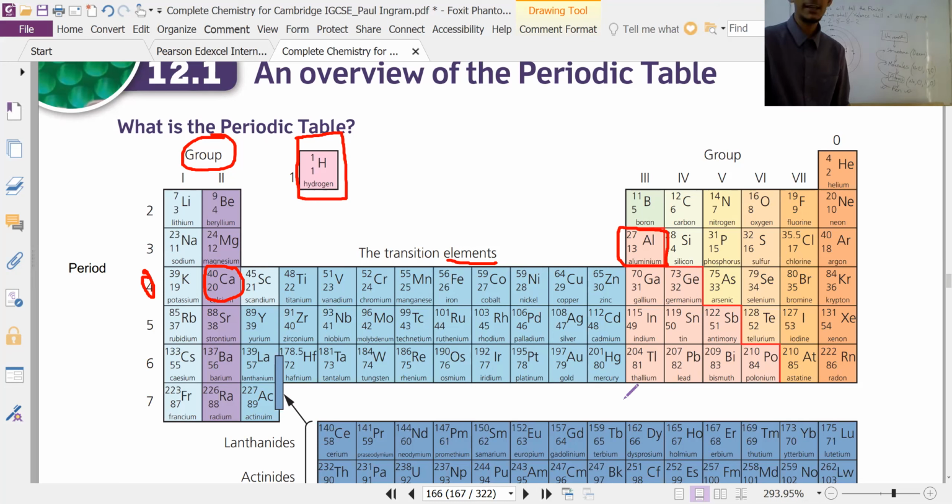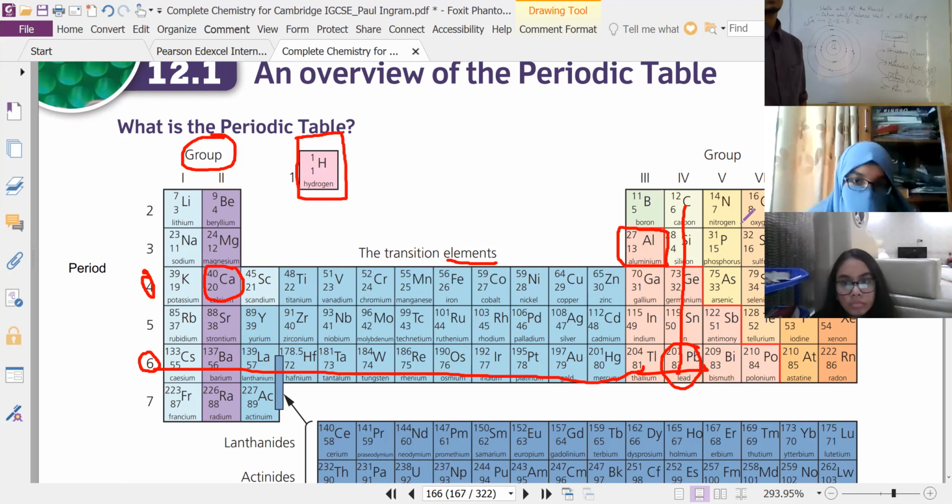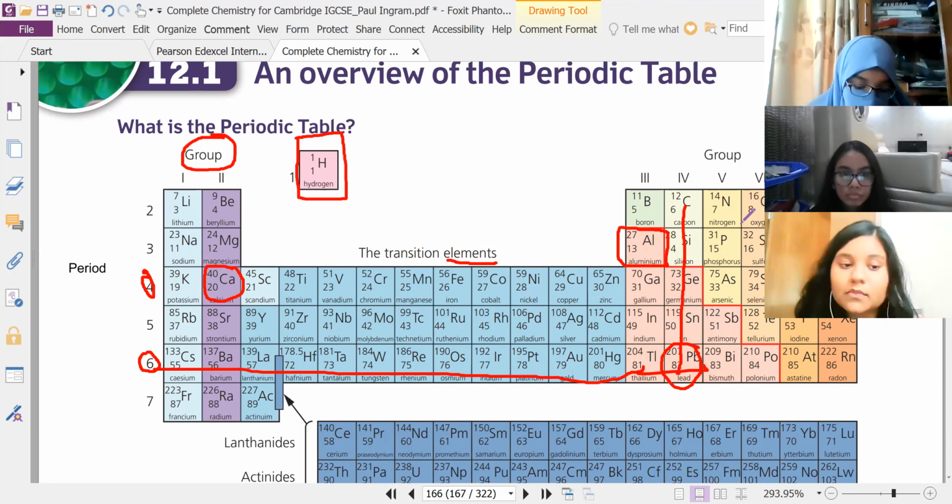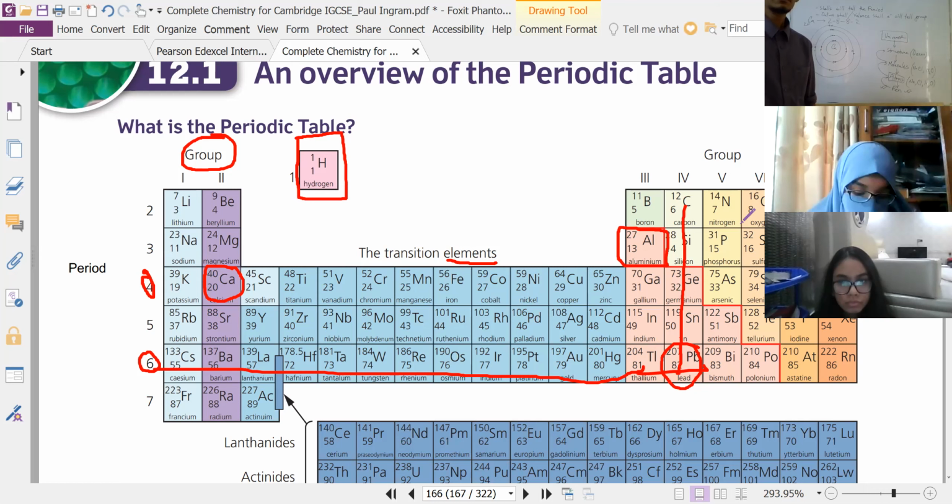Fine. Very good. See, 6th period, I'm on the right horizontal line, and I'm asking for group 4. So group 4 is lead. Sadika, is it clear? Yes, sir. Okay. Anyone has any question up to this?